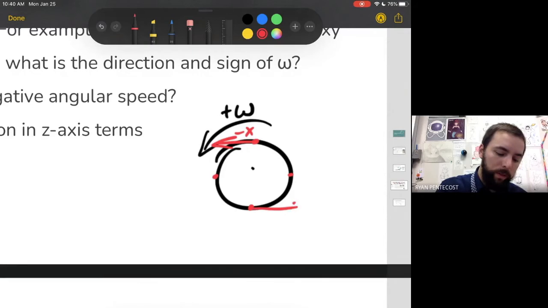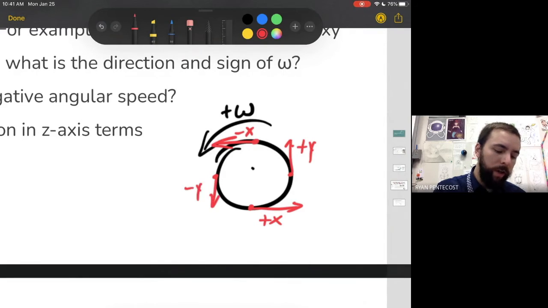But this is positive x. But how could 2 points on the same object be rotating in opposite directions? So that's our way of solving that, right? You've got positive y and negative y on that wheel also. So your solution is a direction that's completely separate of those axes altogether.